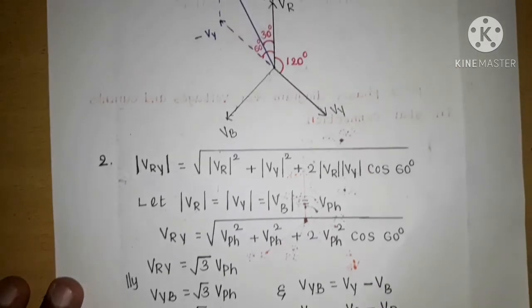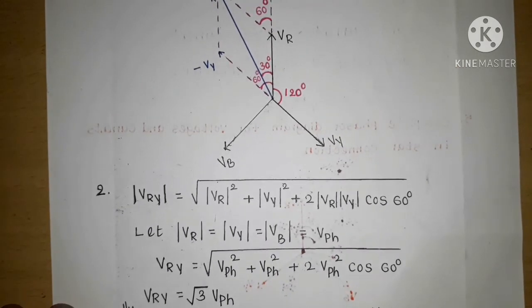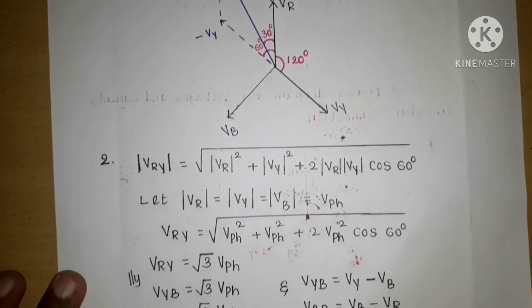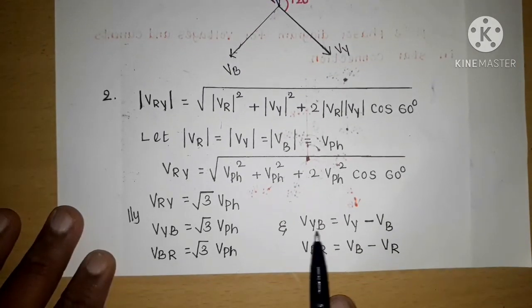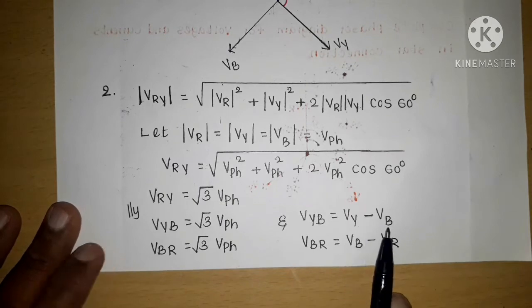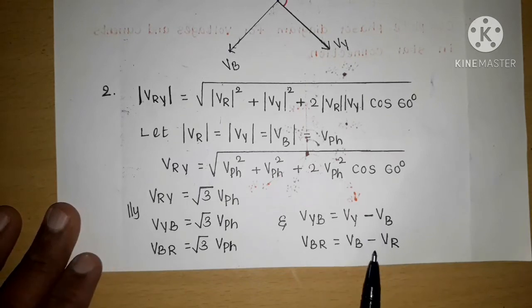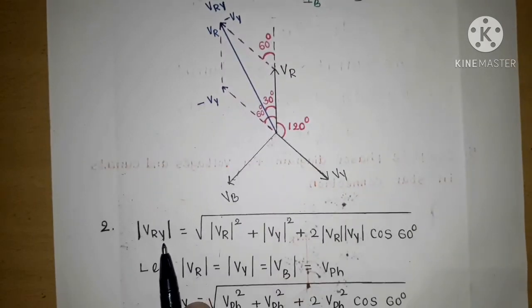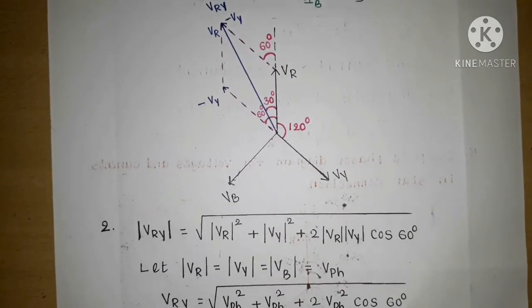Here VYB equals VY minus VB, VBR equals VB minus VR and VRY equals VR minus VY.